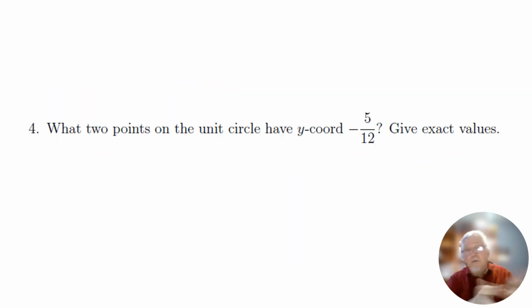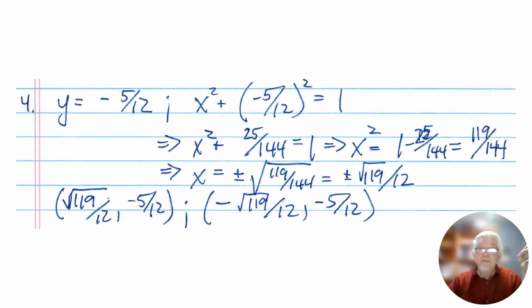And here's a question that I would have said you do in class. Now, y is negative 5/12, meaning it's the lower semicircle. Find the 2 x-coordinates. One's going to be positive, one's going to be negative. Okay, one's going to be on the right side, one's going to be on the left side. And so it's the exact same question. X squared plus y squared has to equal 1. Y is negative 5/12.